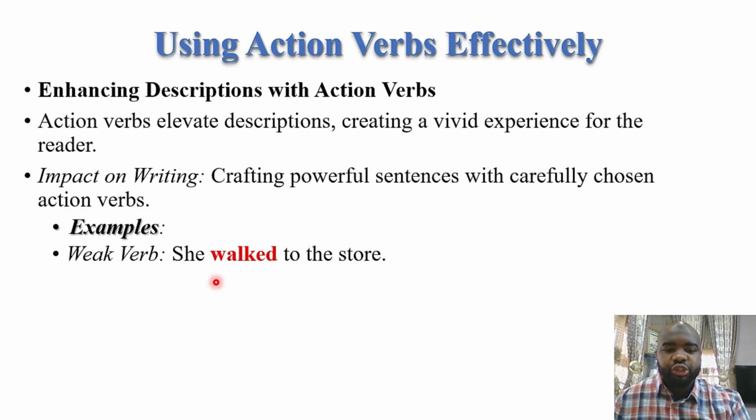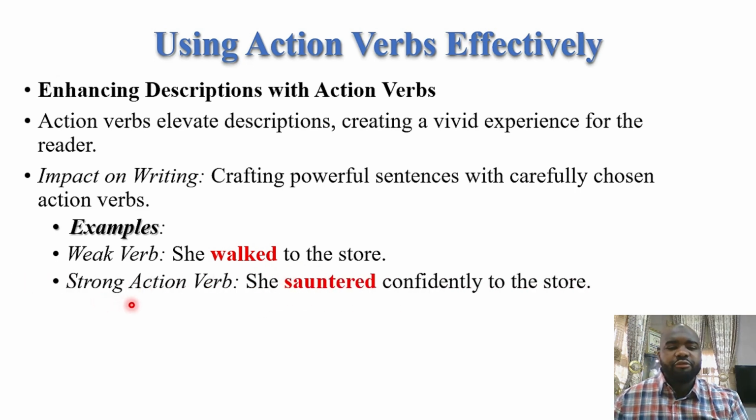For instance, in this weak verb, she walked to the store. All right. Strong action verb: She sauntered confidently to the store. Here, the difference between the two is she walked. But how did she walk?